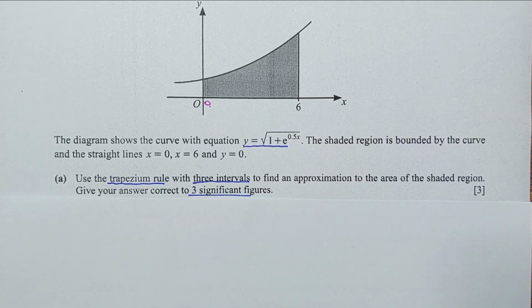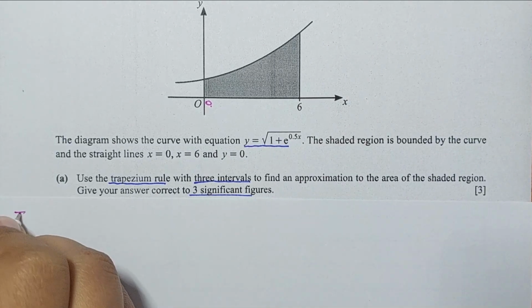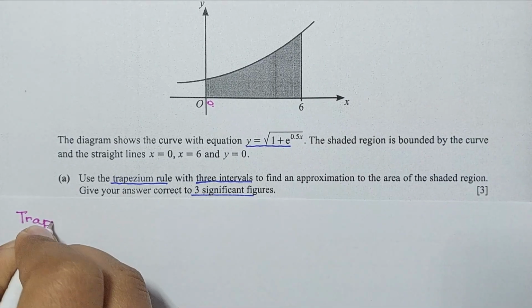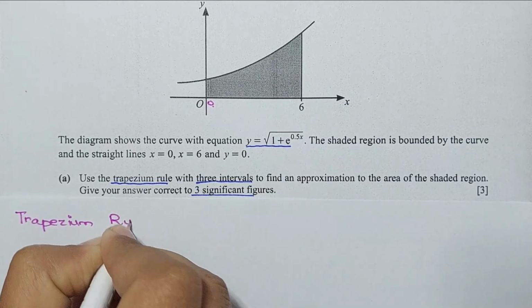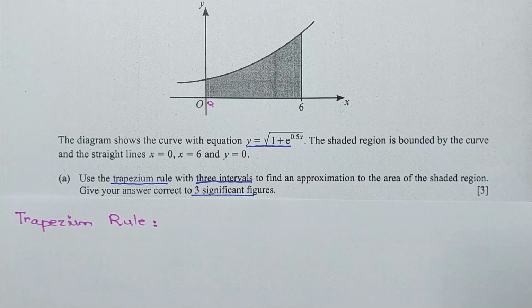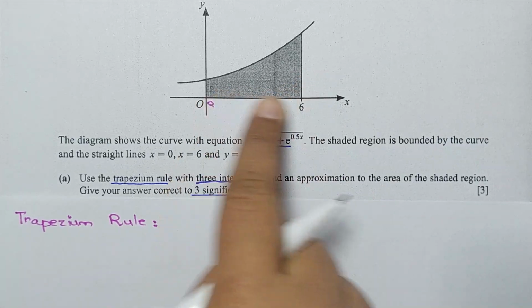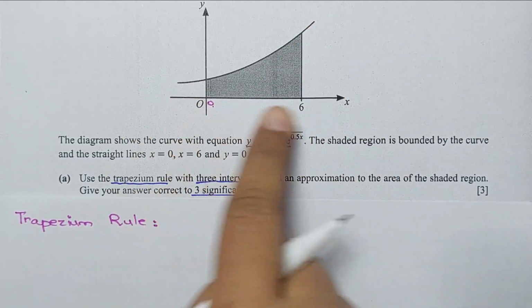All right, let me write down the trapezium rule first. The trapezium rule is basically used to figure out the area under the curve, right? So this area we need to figure out under this curve from 0 to a.